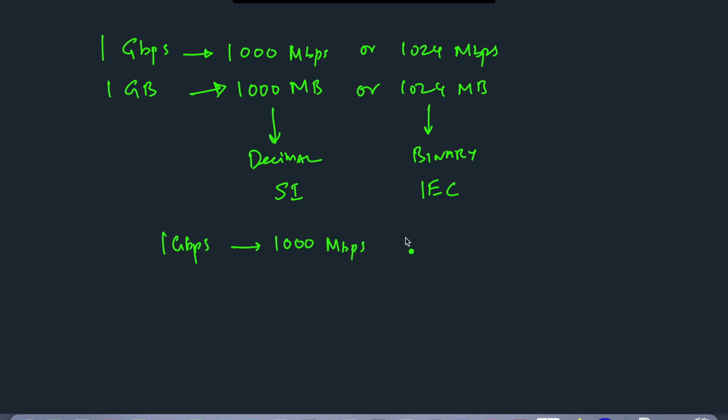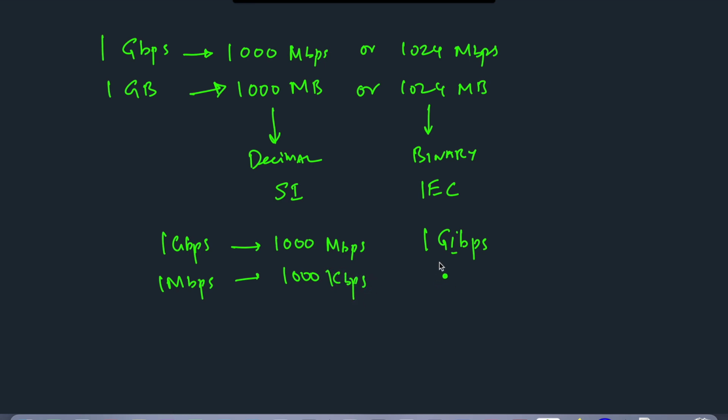If you want to represent them in the binary representation, ideally it has to be represented this way. We need to add the I in between. So let's say 1 megabits per second, which is basically 1000 kilobits per second.